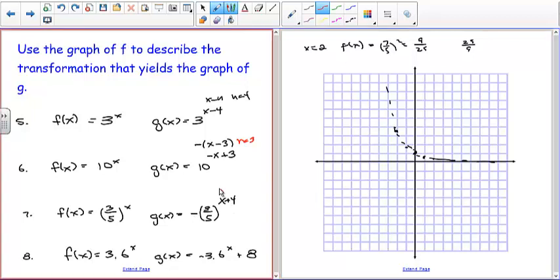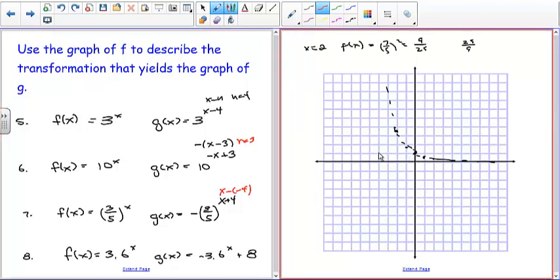Here you have x minus the -4, because I want to put it in the form of x minus h. So what we're going to do is move this point here 4 units to the left. 1, 2, 3, 4, like that. But then we're going to flip it over the x-axis, so it really goes there.